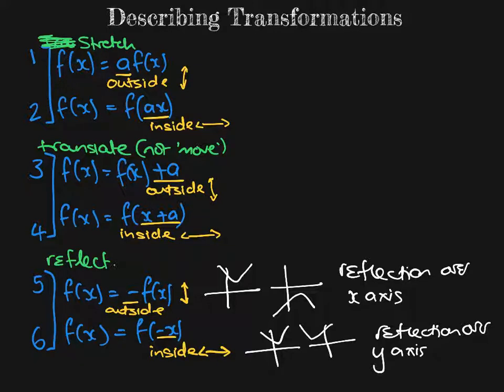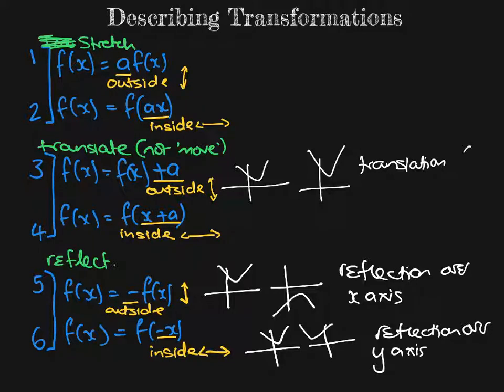Okay, the translations, I'll do the positive, but obviously minus is the opposite. If I were to take my graph and move it up, that's not gone very far up, but a bit up, that is a translation.